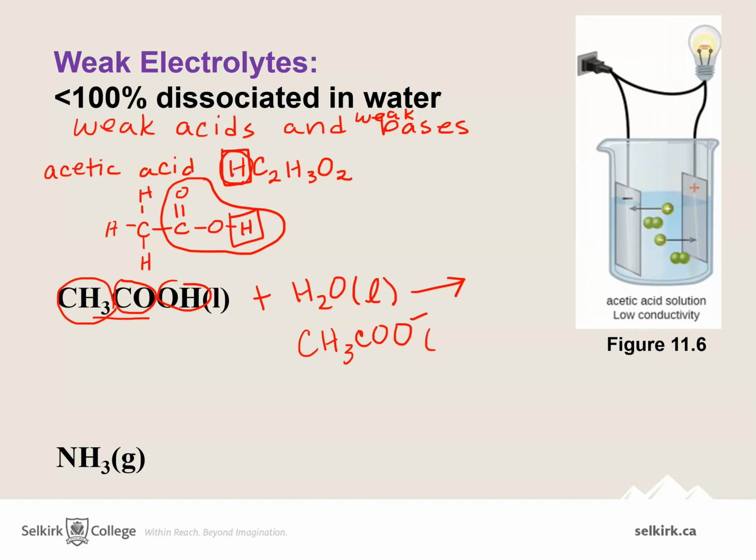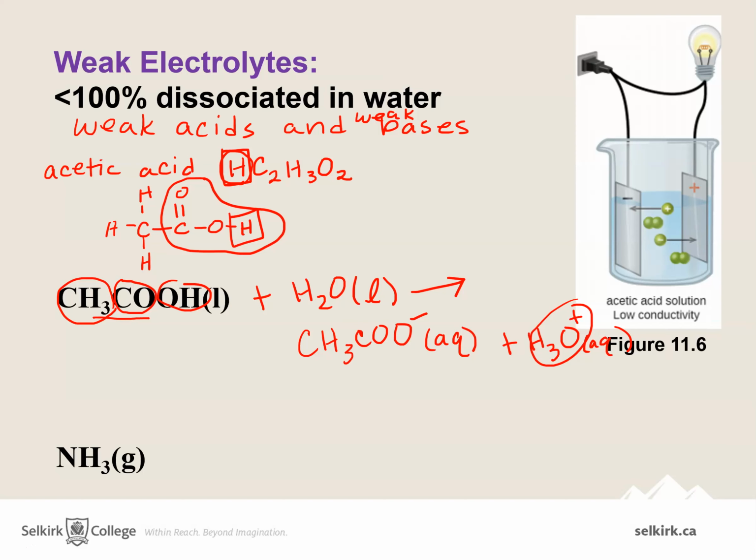Now that it's charged, it's attracted to the polar water, it becomes aqueous. The acetic acid lost the proton, the H+, the water picks it up to become hydronium. And again, there is the species that indicates I have an acidic solution.